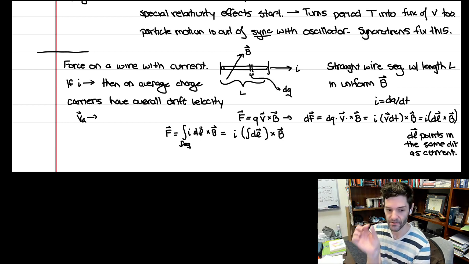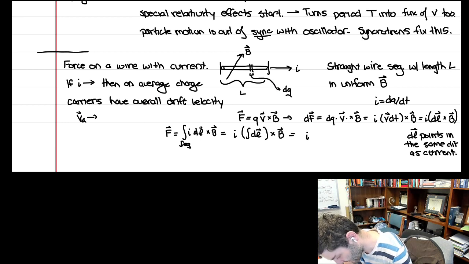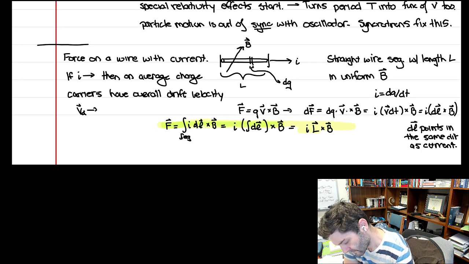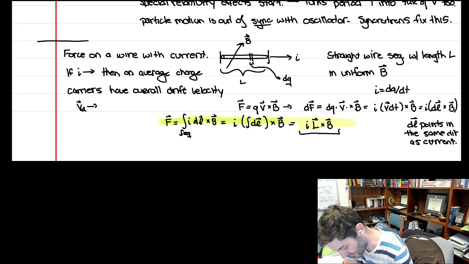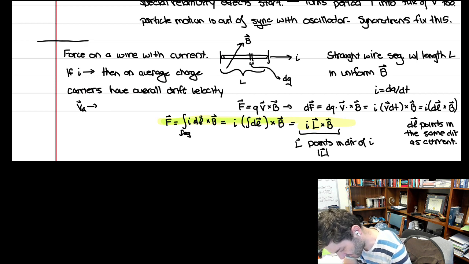So then it looks like I'm just adding up all the small pieces of length, so then this just becomes I, and I'll use capital L cross B. So the force is just I L cross B, where L points in the direction of I, and the magnitude of L is just the length of the segment.